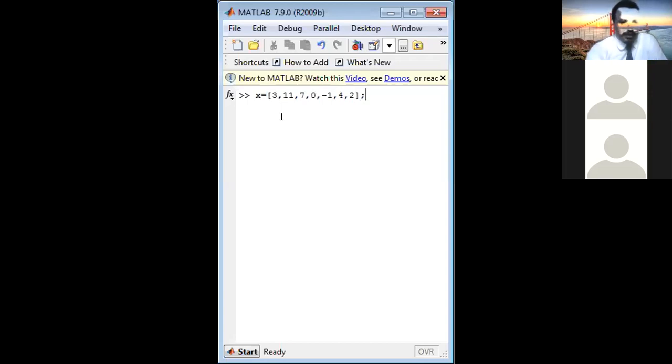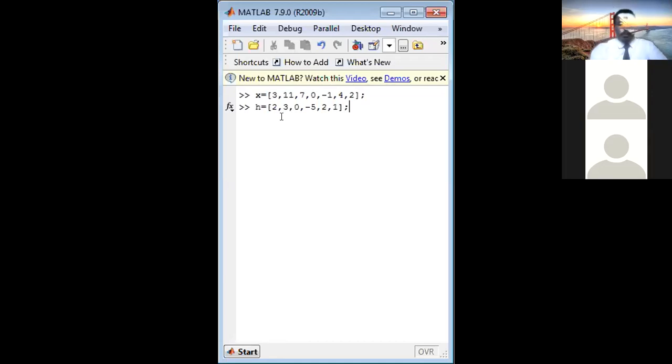What is the other given thing? h is equal to the impulse response. In this case, 2, 3, 0, minus 5, 2, 1, right? This is h.